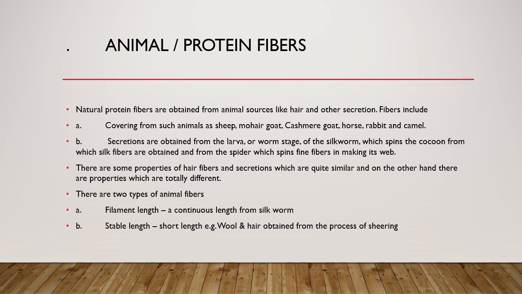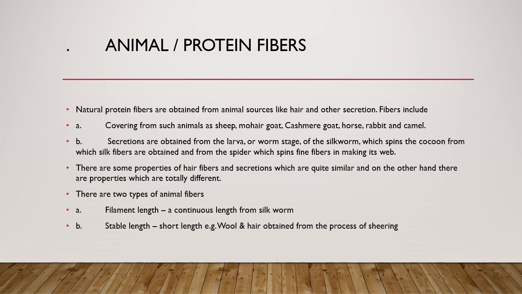Secretions are obtained from the larva or worm stage of the silkworm, which spins the cocoon from which silk fibers are obtained, and from the spider, which spins fine fibers in making its web.